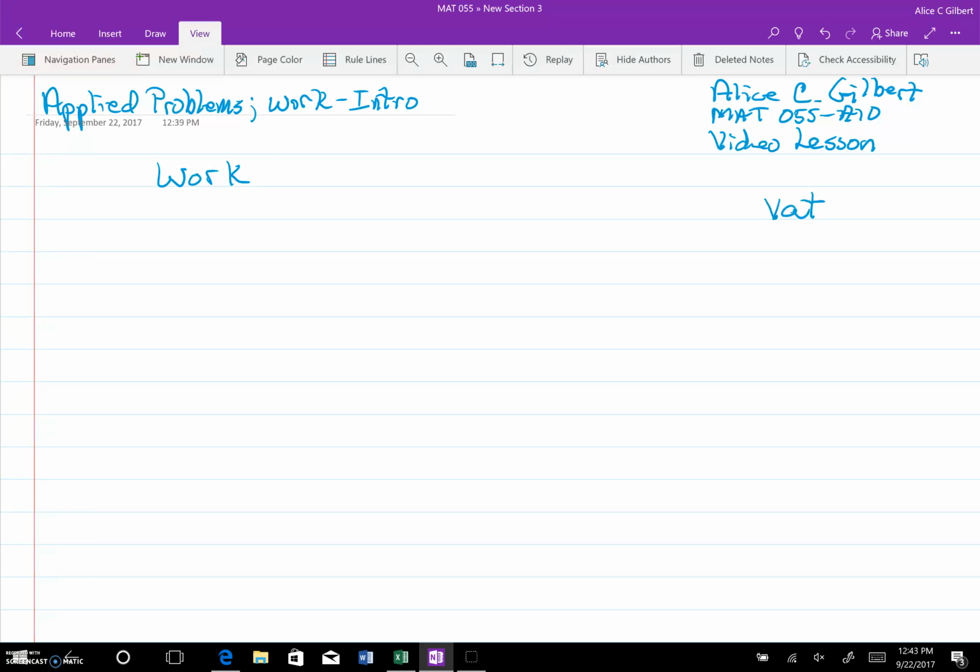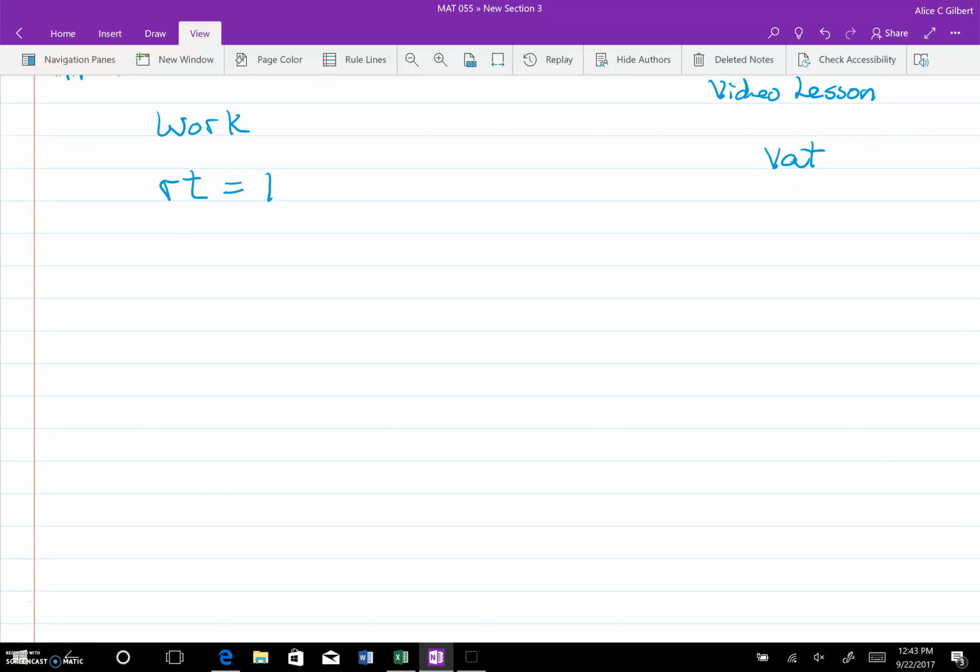So kind of like distance problems, work problems have a formula too, and it's rate times time equals 1 job accomplished. Okay? But one thing we need to know about this: a person's rate, or their speed, how fast they do a job, is always written as 1 over their time.